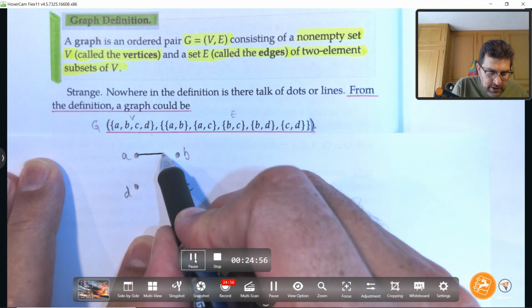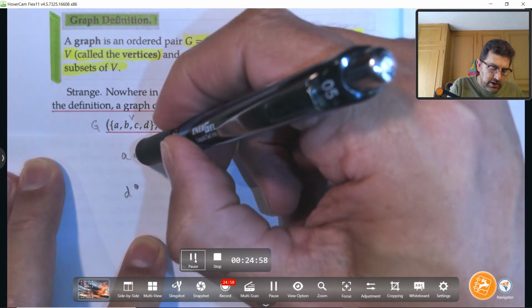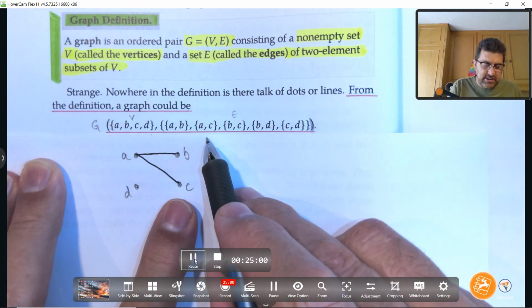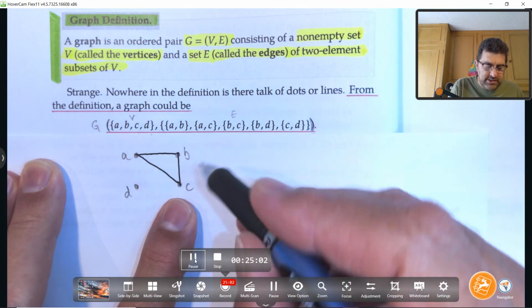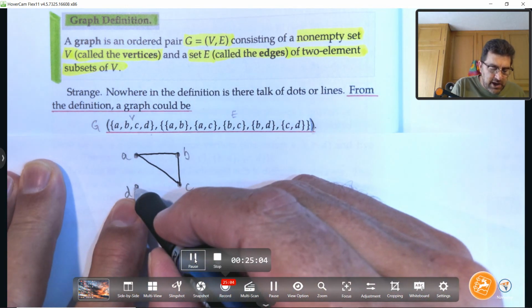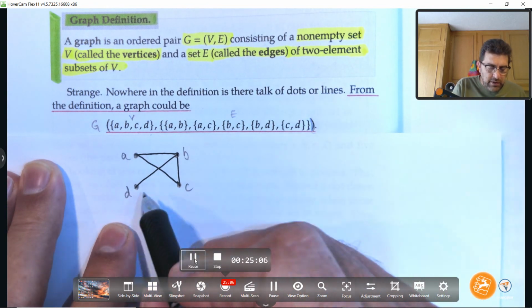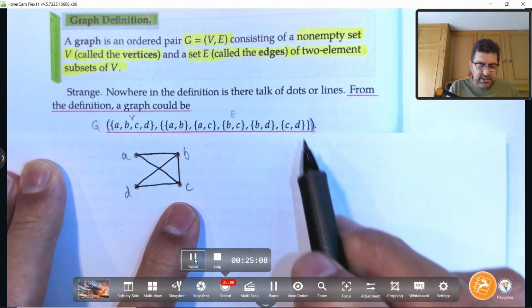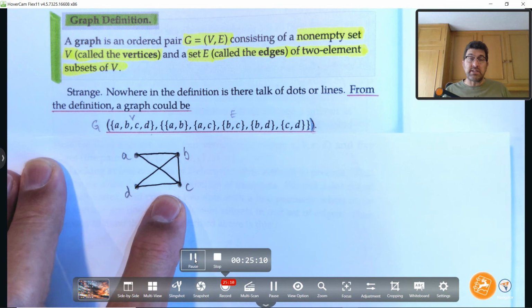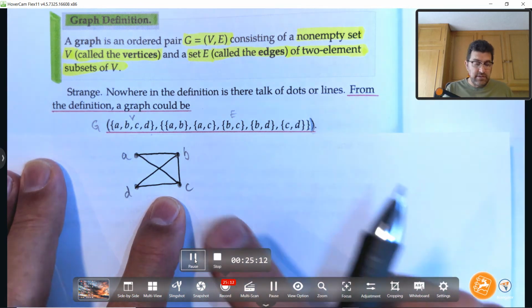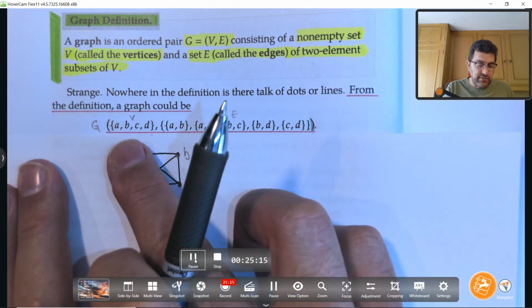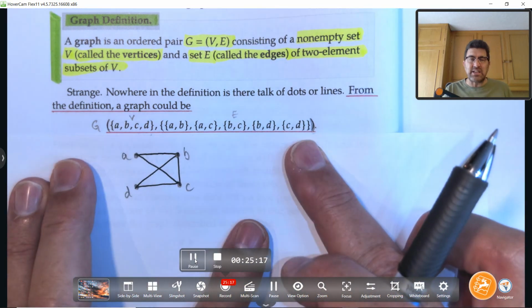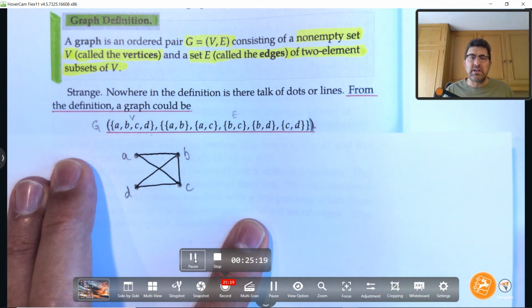So one edge is AB, that's edge 1. Then we have AC, which is edge 2. Then we have BC, edge 3. Then we have BD, edge 4. And then we have CD. So that's a representation of that graph, defined by this vertex set and this edge set, as shown in our definition.